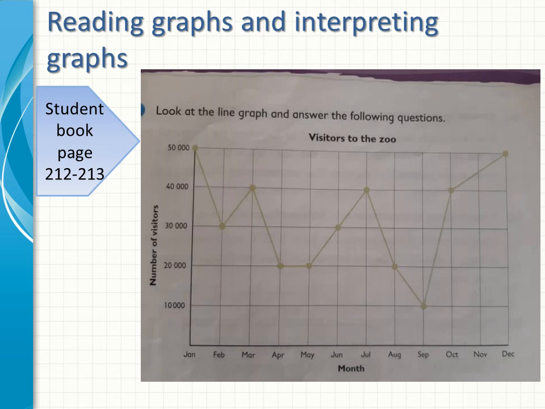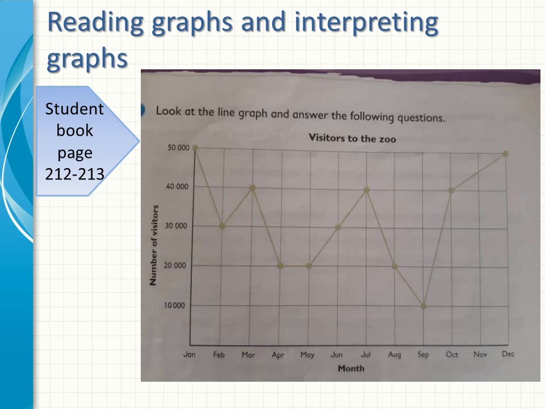If you remember yesterday, I said to you that when you are asked the mode, it means the most frequently occurring number. Which number occurs the most? You will notice that we have 20,000 occurring 3 times, once in April, once in May, and once in August.